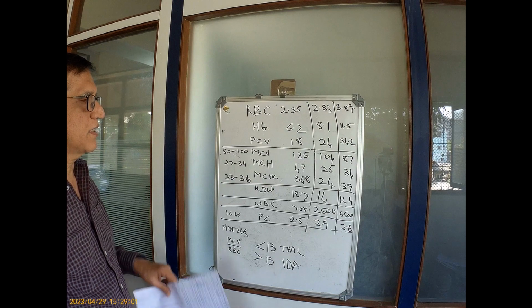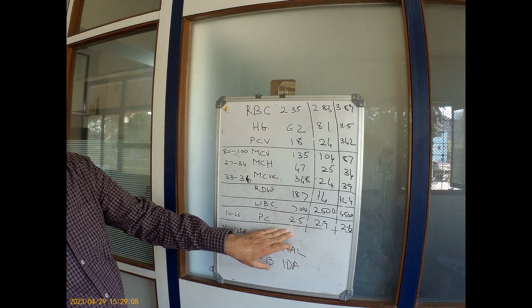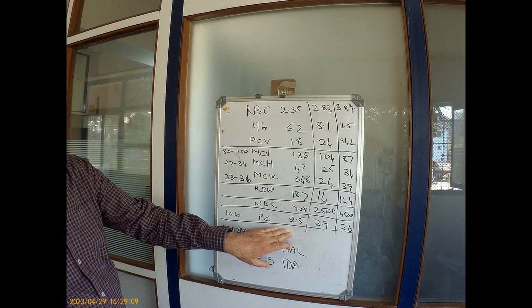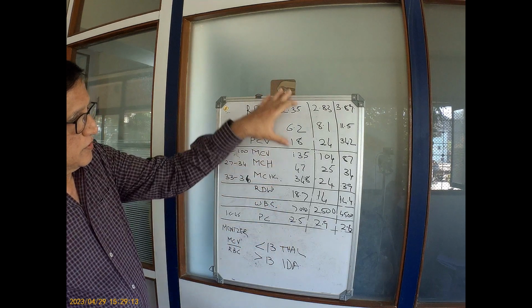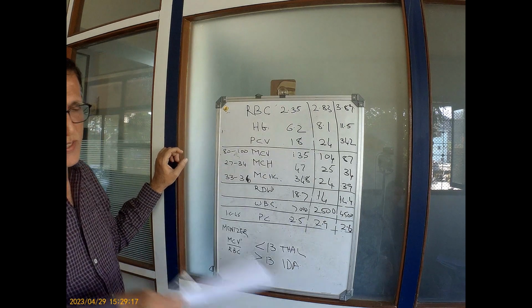Now this megaloblastic anemia is because of B12 and folate deficiency, most commonly B12 deficiency. So this is called megaloblastic anemia.